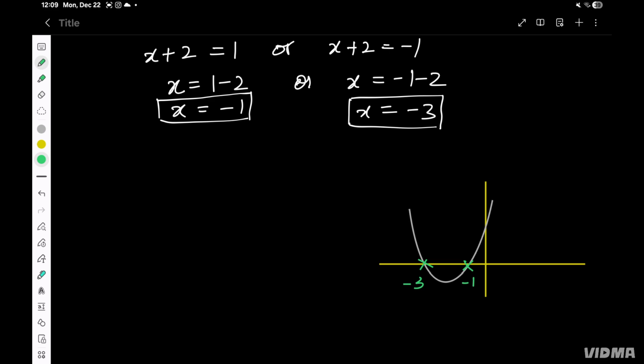We can also write in the form of coordinates (minus 3, 0) and (minus 1, 0). The y coordinate is 0 on the x-axis.